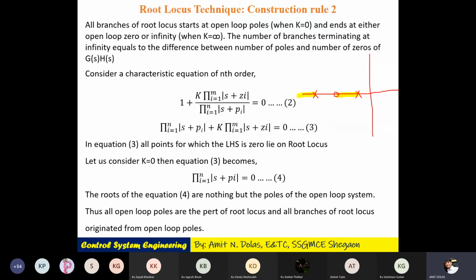As there are 2 poles, there will be 2 branches. This first branch will terminate at the zero. What about this branch? It will move towards infinity. And the same is given there. Here, the number of branches terminating at infinity equals the difference between the number of poles and zeros. यहाँ पे poles and zeros का difference क्या है? 2 minus 1, it will be 1. So there is one branch. It is unending, terminating at infinity.